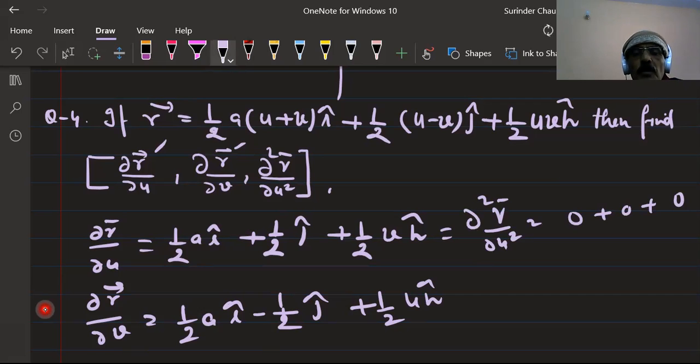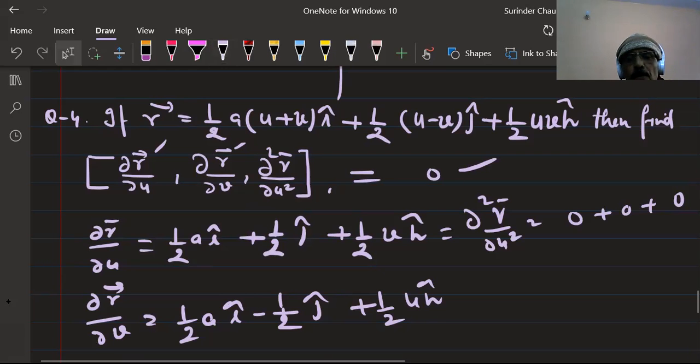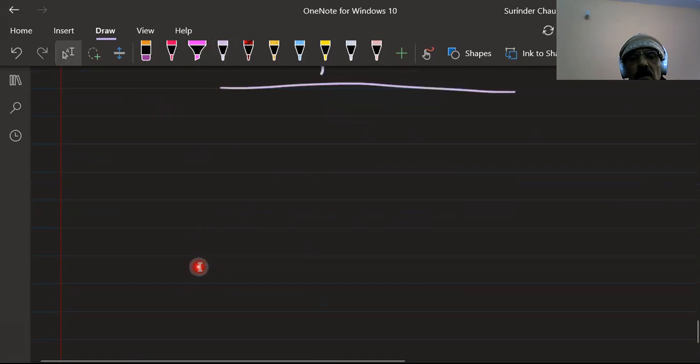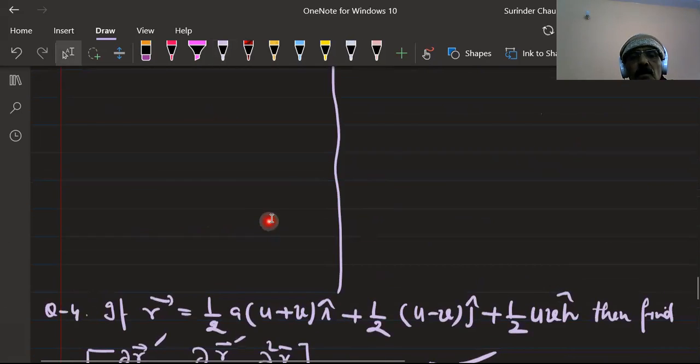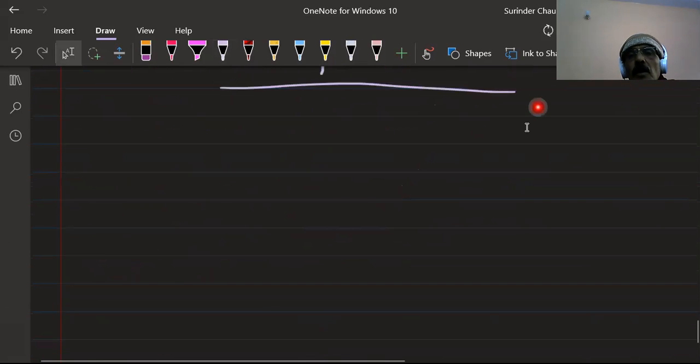So in the scalar triple product, how much is the value? Now substitute the values for the first vector, second vector, and third vector. All the values are 0, so the value comes out to be 0. Thank you very much.